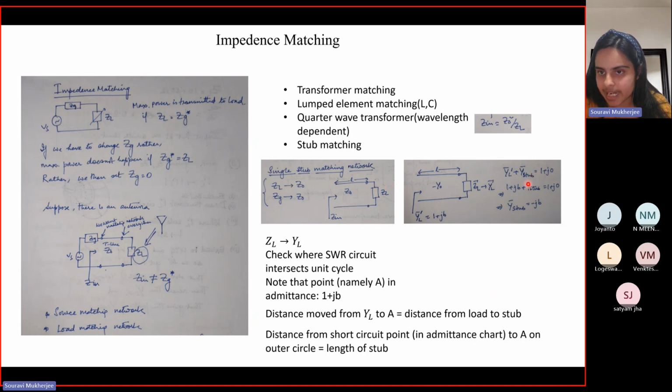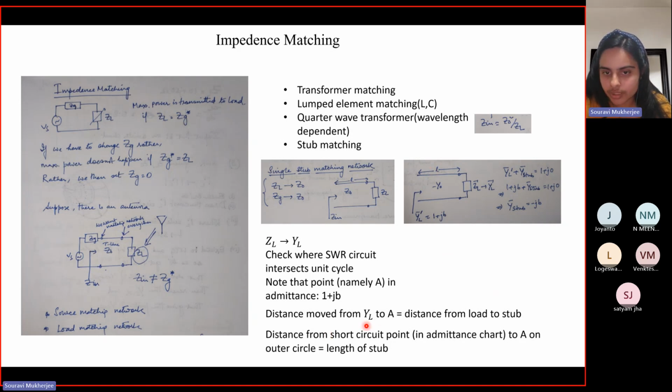So by adding a stub in parallel, if this is 1 plus jB, you add a stub to it such that the resultant becomes 1 plus j0. That means the stub admittance should be minus jB. And this B will be related to the length of the stub that you are using.